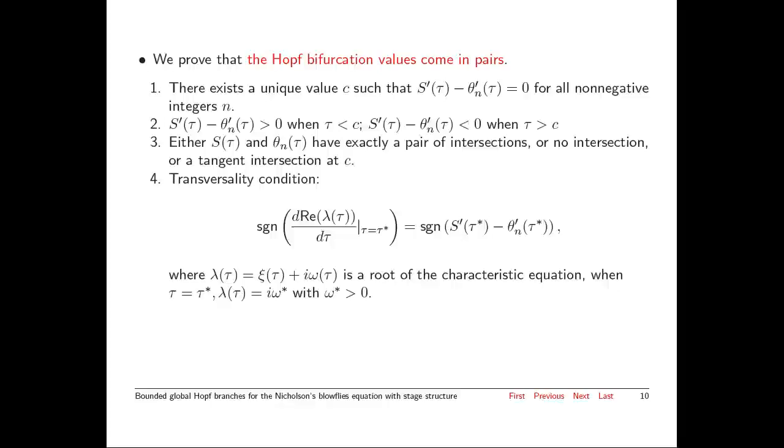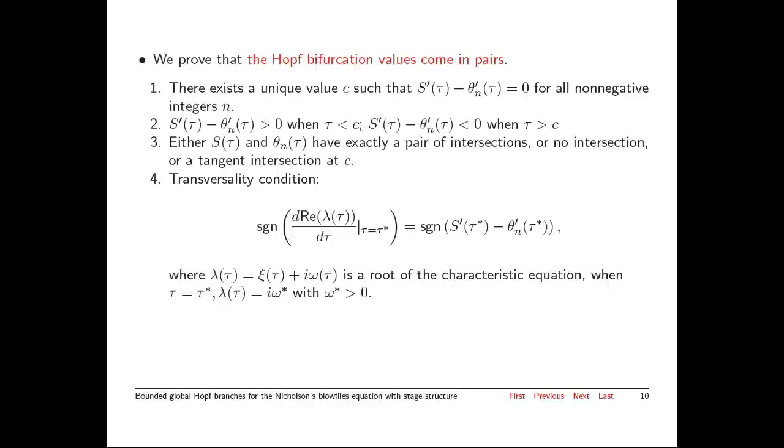And also in the case of a tangent intersection at C, we should further check the transversality condition. And fortunately, we find a geometric method to check the transversality condition. We got that the transversality condition can be determined by the sign of the derivative of S minus the derivative of theta at the bifurcation value tau star.